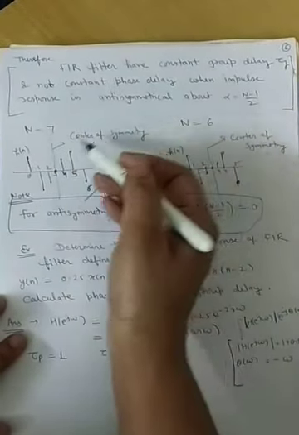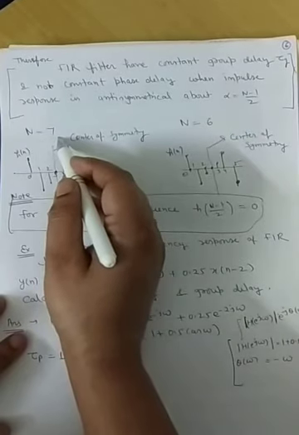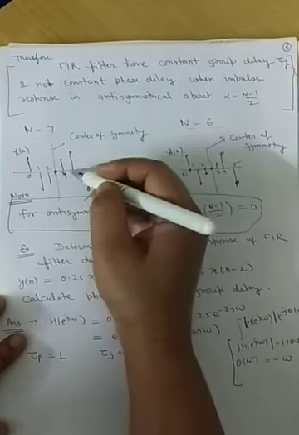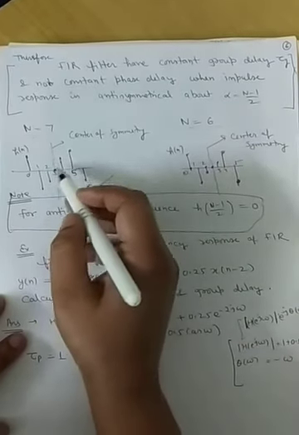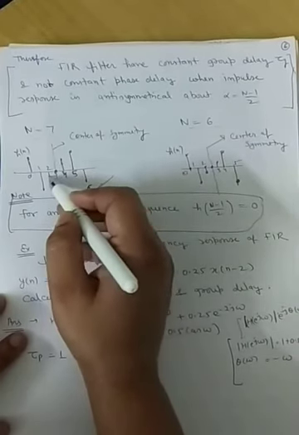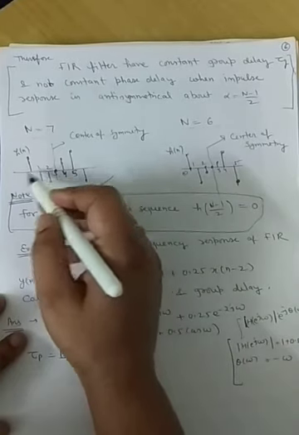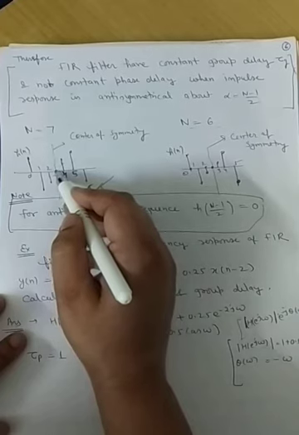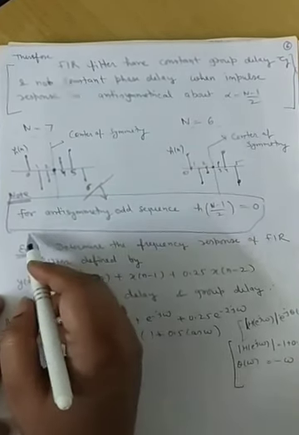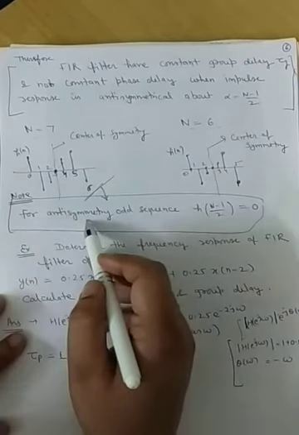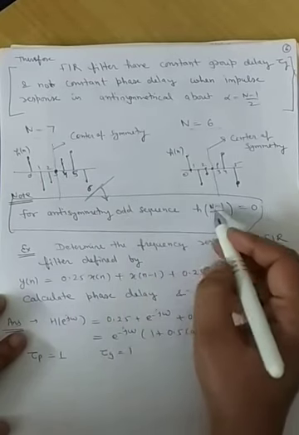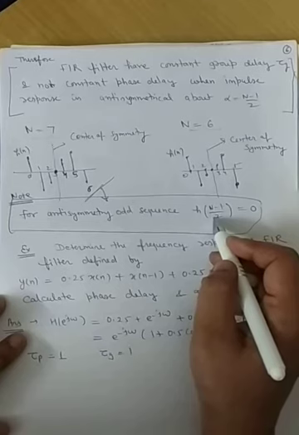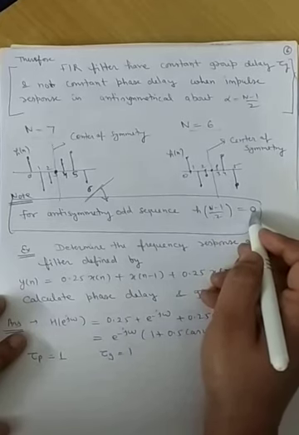So again we will see for N equal to 7 and N equal to 6, as the impulse response should be like this, equal amplitude but opposite in direction, and thus at the center of symmetry the value is 0, means this is a condition for anti-symmetry odd sequence: h((N minus 1) by 2), means the sample at the center should be equal to 0.